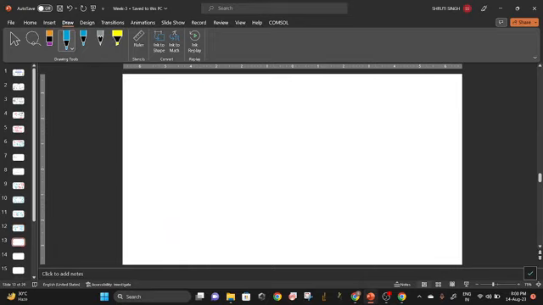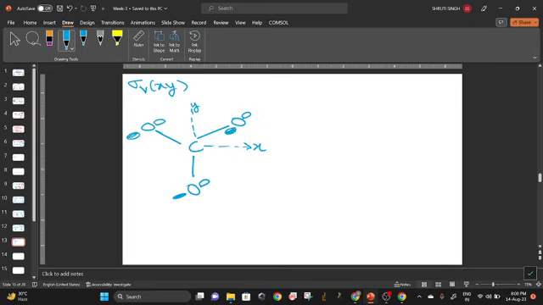Let's see. T is sigma v yz. Now this is y, this is x. I am drawing it before transformation, because otherwise I will have to go back to the last slide.